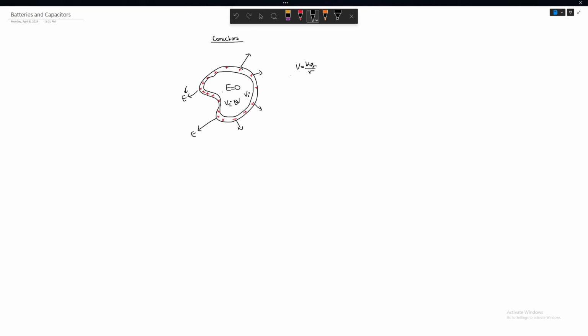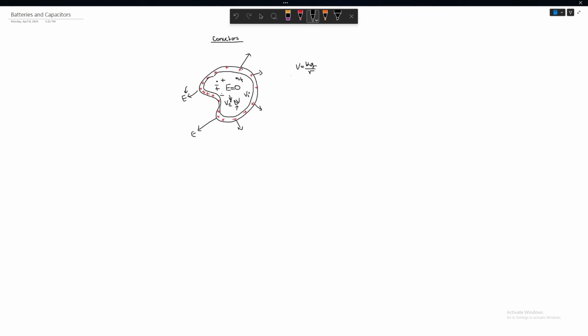But if I chose this point and this point, what is the change? And remember how I said there's a bunch of pluses and minuses all the way around that stabilize each other? Since they stabilize each other, that means the electrical potential is the same everywhere. So V3 is the same as V1. The density of plus and minus is the same everywhere, and so the electrical potential is the same everywhere.